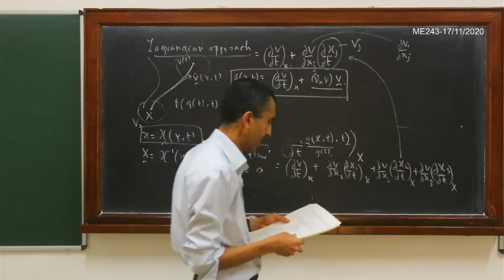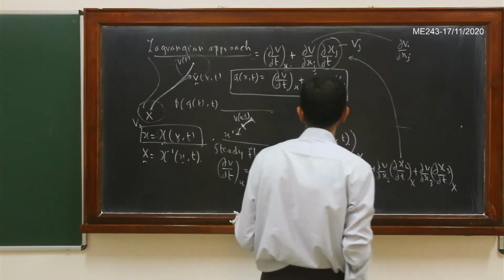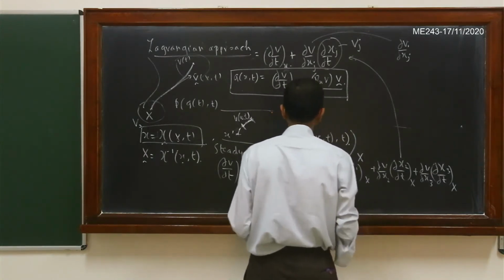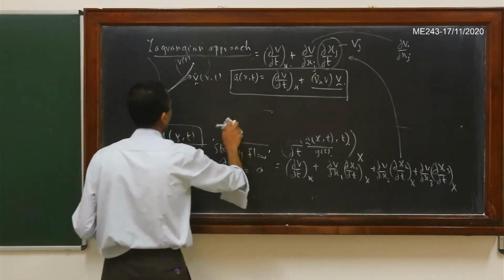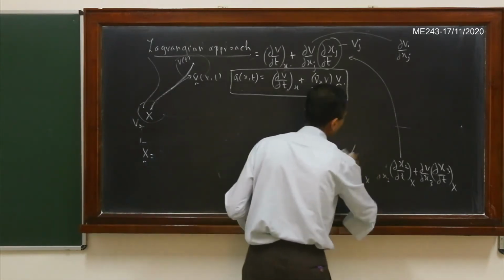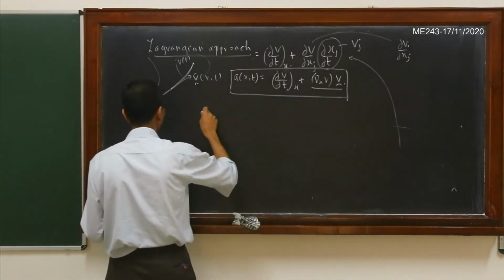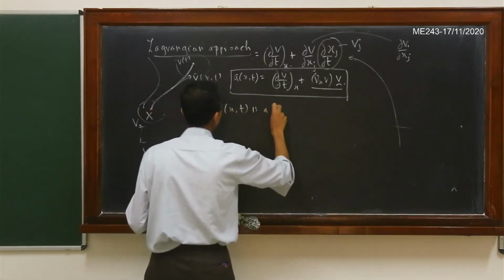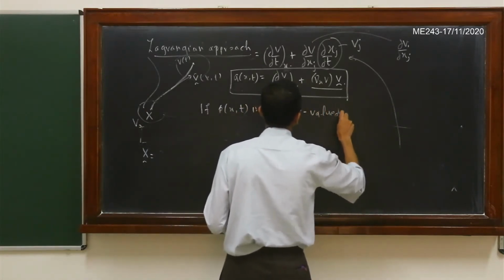Okay, we can now extend these definitions to get the Eulerian material derivatives for different types of fields. Suppose I take a scalar valued field. How do I compute the material derivative in the Eulerian setting? Suppose phi of x comma t is a scalar valued field.